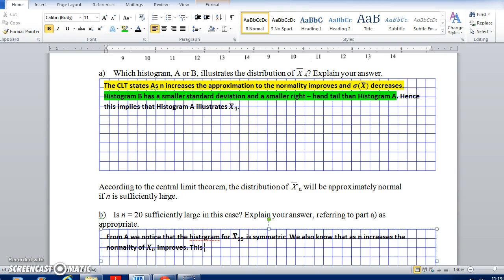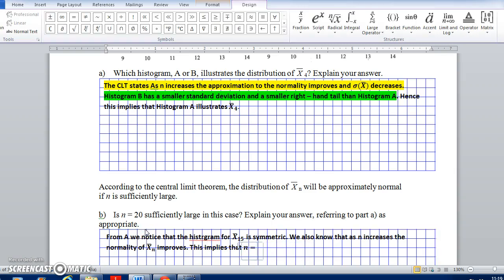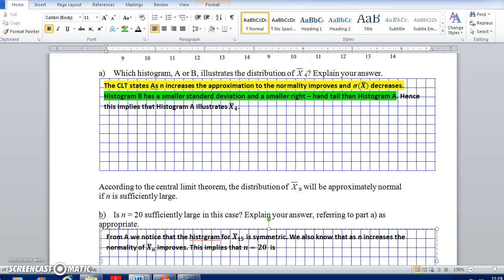This implies that N equals 20 is sufficiently large to ensure that the distribution of the sample means will be approximately normal.